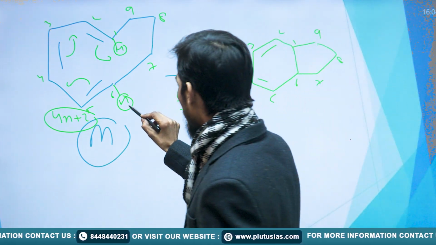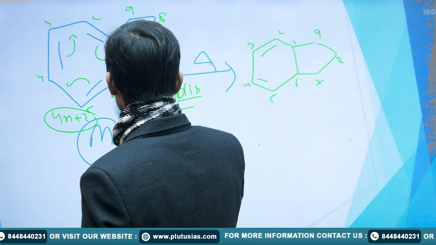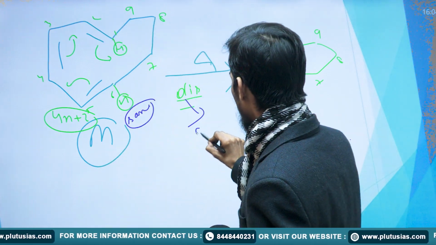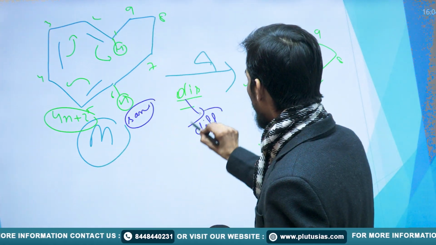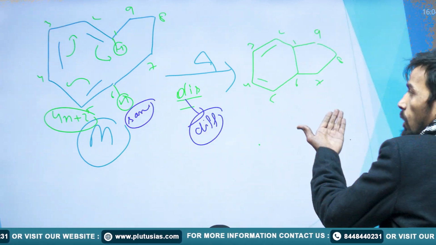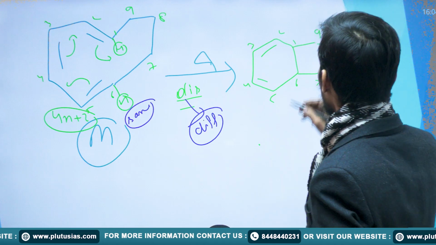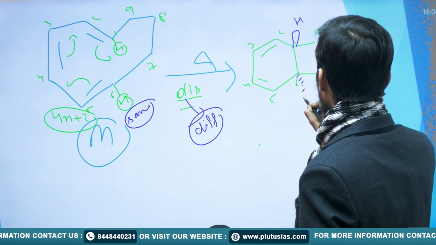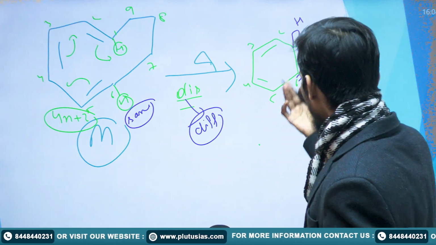Because now they are in the same direction, and con is the same, this is a different direction. We are rotating in the different direction. When these two are different, the orientation of this hydrogen is going to be different only. So if one hydrogen is above the plane, another hydrogen will be below the plane, or vice versa.